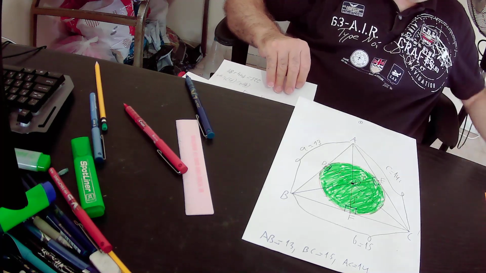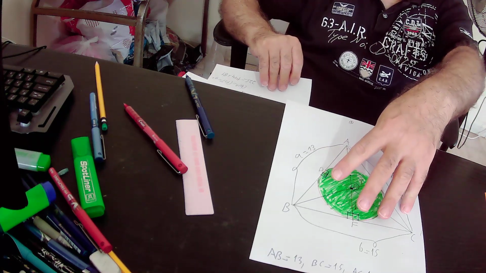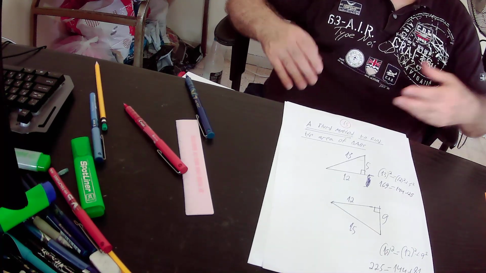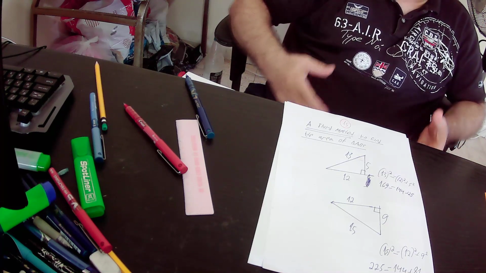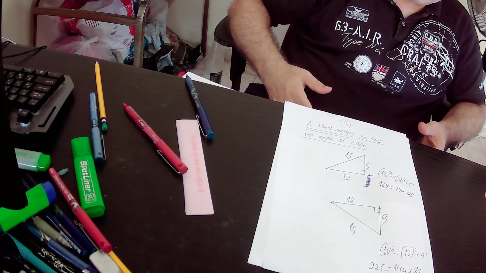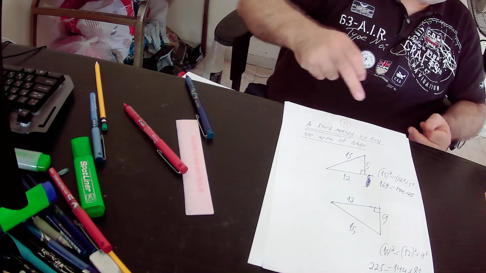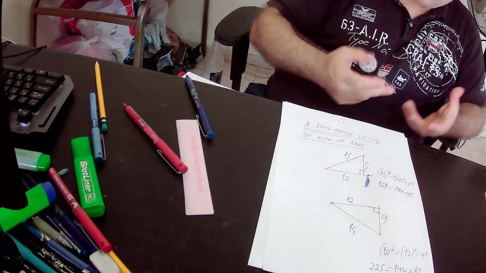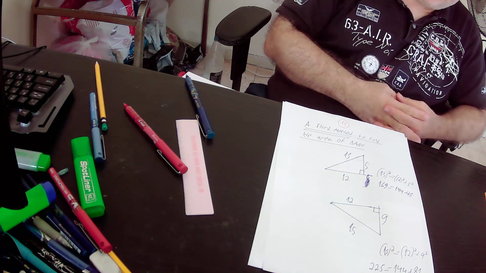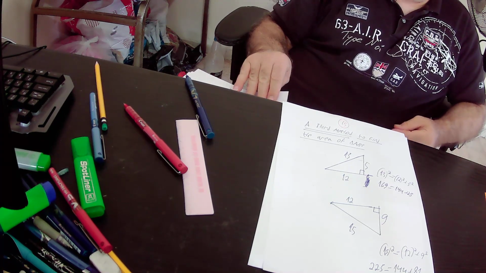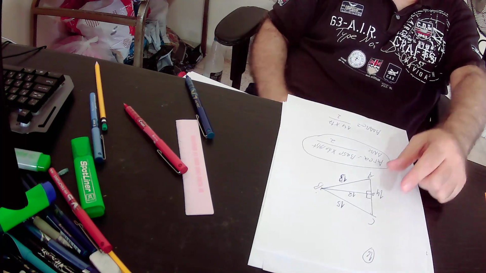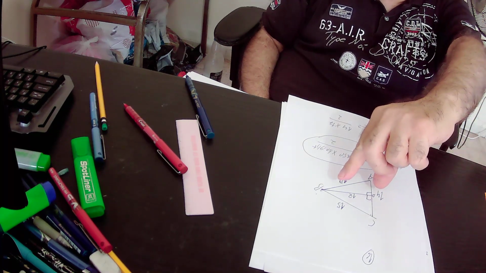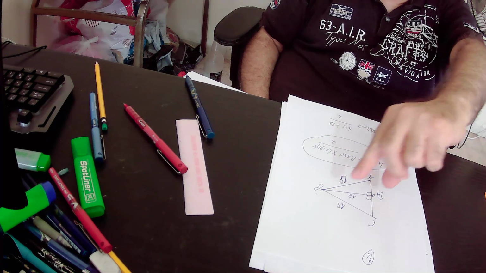Then we found the area of triangle ABC in a third way. In this way, we divided triangle ABC into two parts, two right triangles. This is the first part, and this is the second part. In this way, we proved that if the base of triangle ABC is 14 units, then the height must be equal to 12 units.